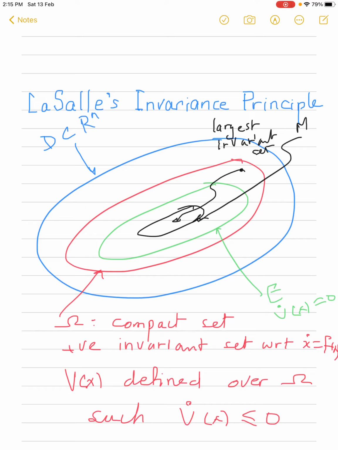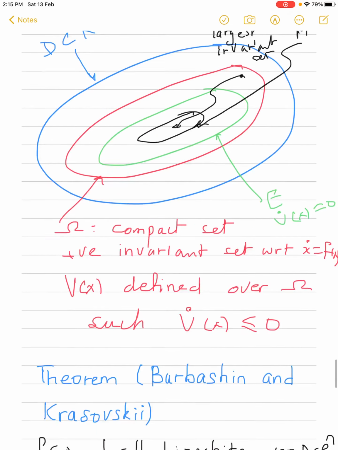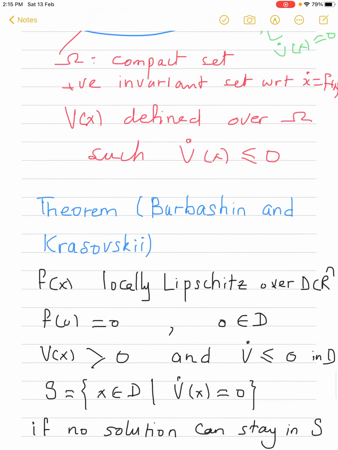And this is actually done through the following theorem, which is a specialization of LaSalle's invariance principle, but it was actually shown even before LaSalle's invariance principle by Barbashin and Krasovskii, but it follows from LaSalle's invariance principle as well.